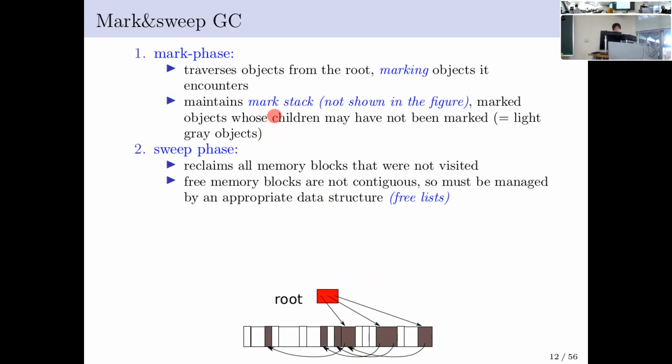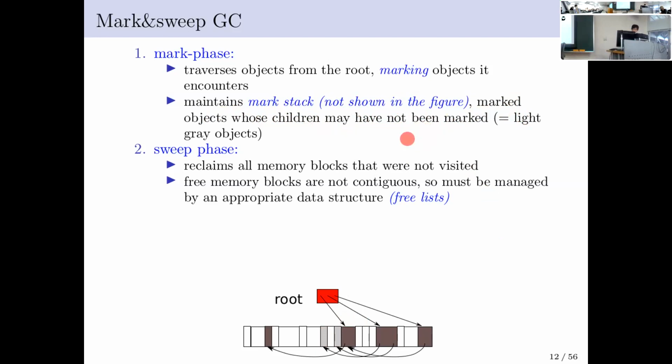I didn't explicitly mention the underlying data structure for that to happen correctly, but the important data structure is something called the mark stack. Not shown in this figure, the mark stack basically maintains objects that have already been marked, but whose children may not have been marked.